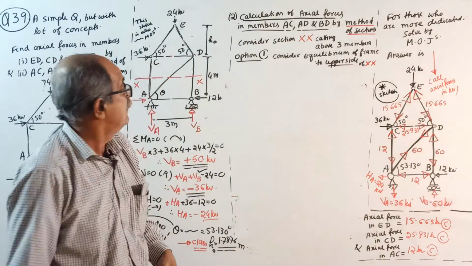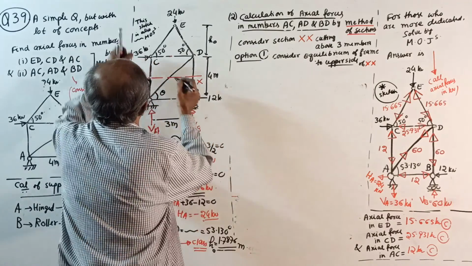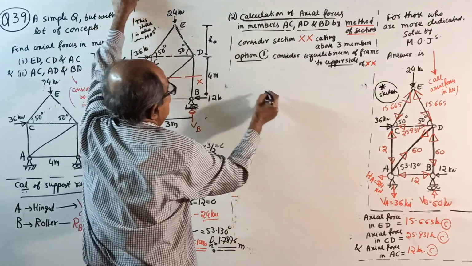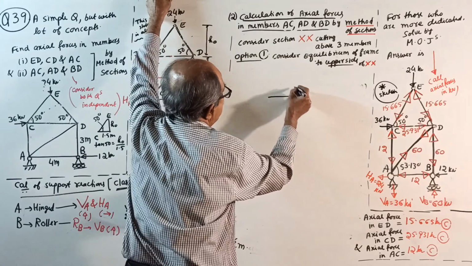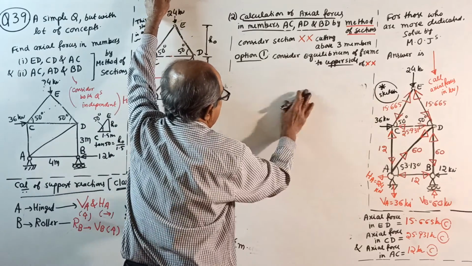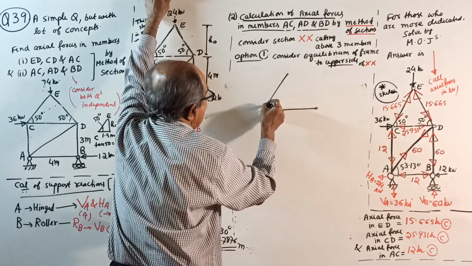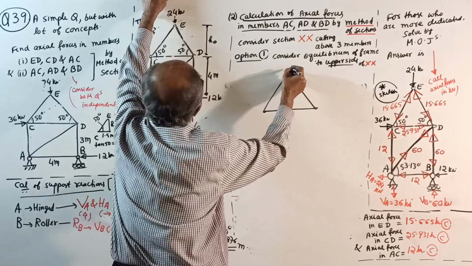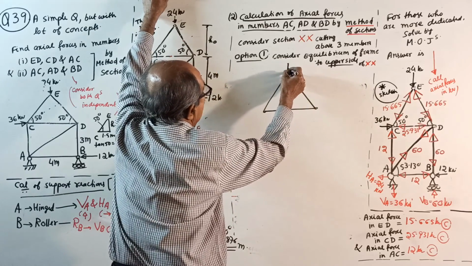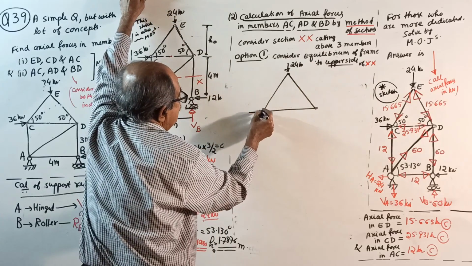See, start with the upper side. CDE intact. No, space problem is not there. See, 24 kilonewton, then 36 kilonewton.